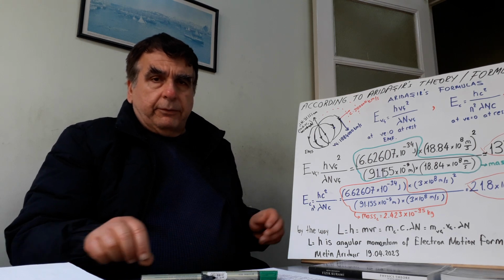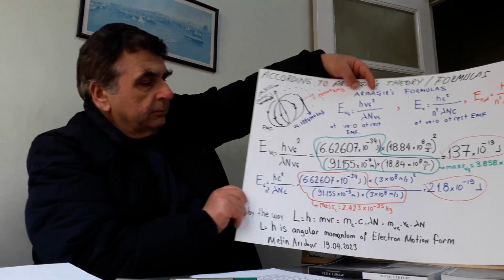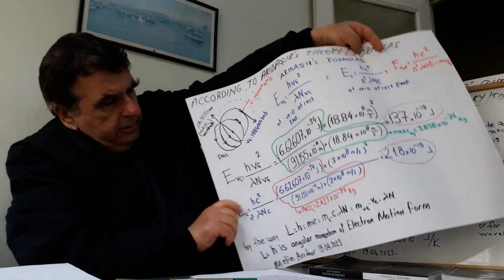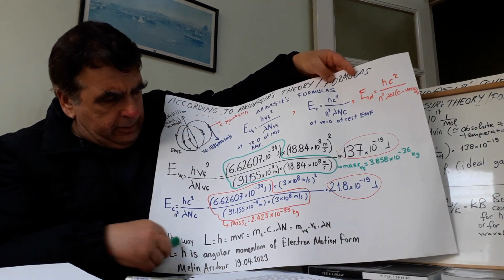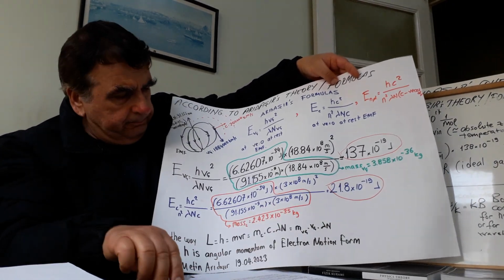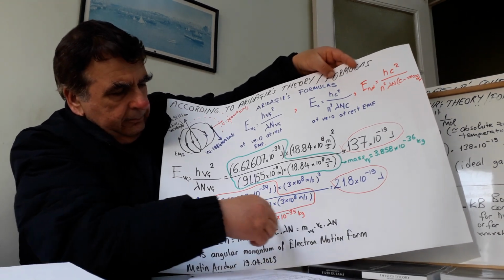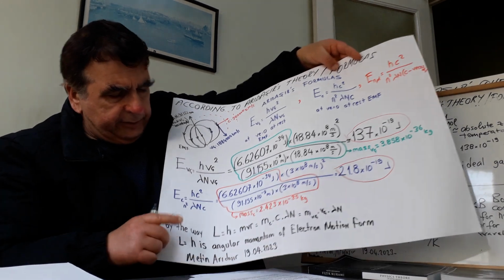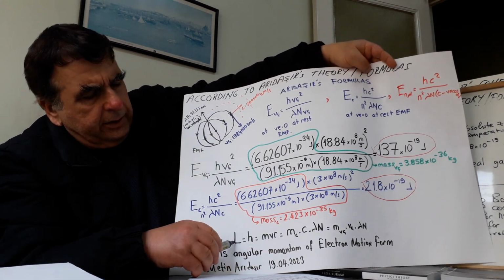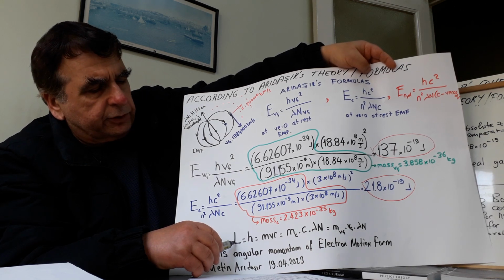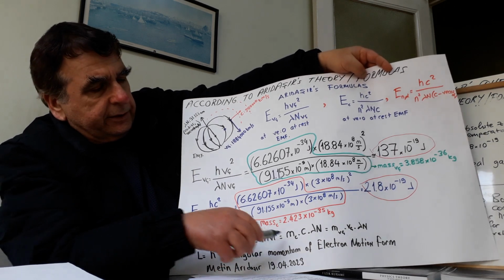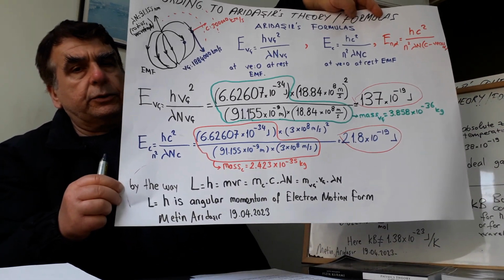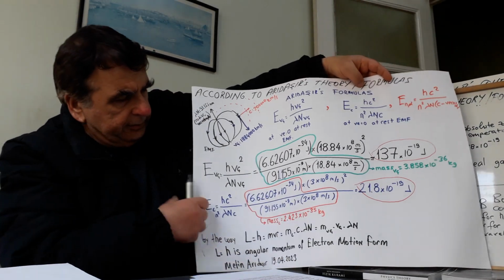By the way, what is Planck's constant in fact? If you remember from my former videos, this is my explanation of Planck's constant. The angular momentum of the electron motion form is Planck's constant. Here, this is the formula. I advise you to notice that.